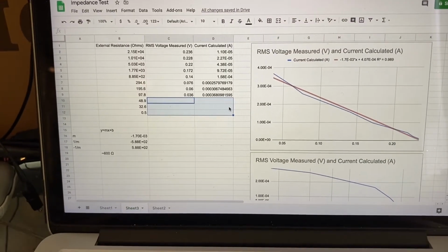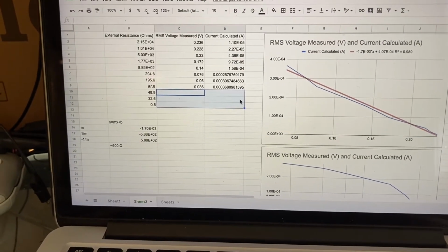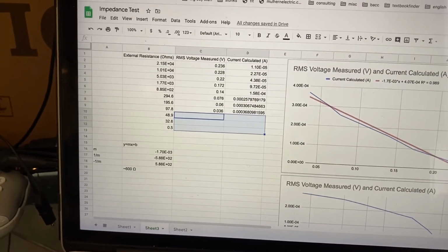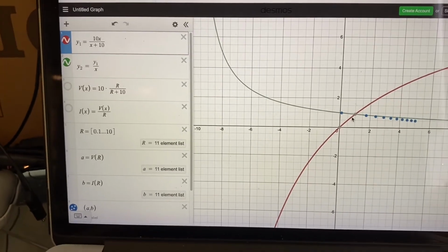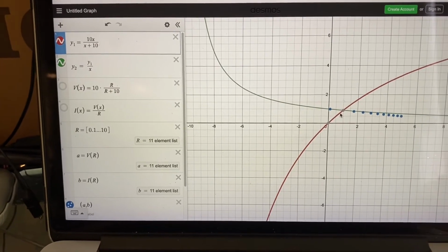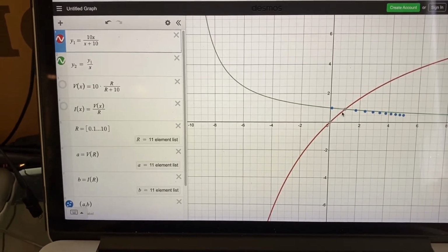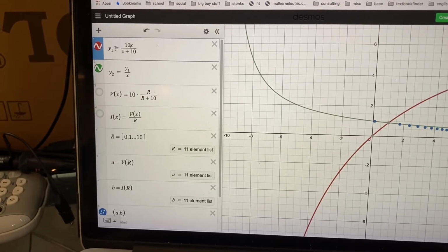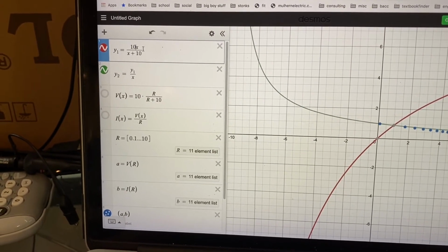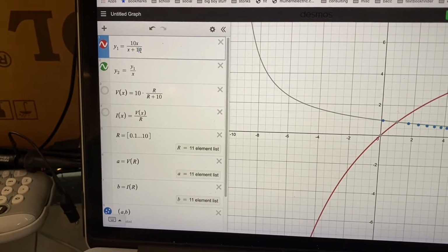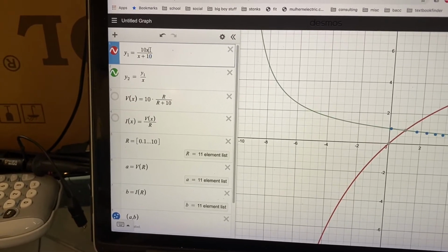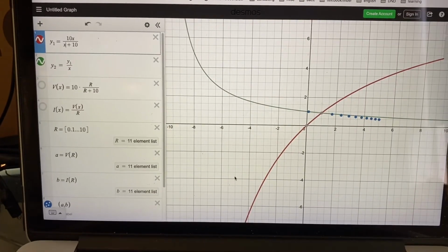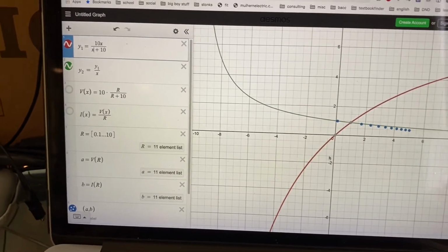So here are the results. It's definitely linear, and the axes do not need to be transformed into a logarithmic scale. Here's just a Desmos example illustrating why it's linear off the bat. Here's a pretend voltage division equation up in Y1, where we have a 10 volt source and 10 ohm resistance, and we're changing the other bottom resistance X, and we see that gives us non-linearity.